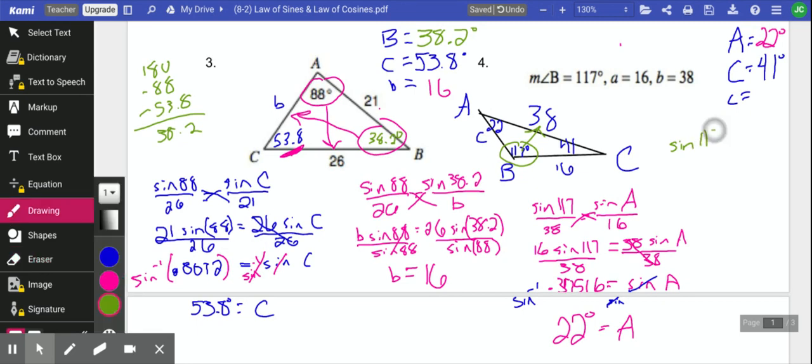Sine of 117 over 38 is equal to, and we're trying to find C, so 41 and C. Sine of 41 over C. We're going to cross multiply. So C sine of 117 equals 38 sine 41. And we're going to divide both sides by sine of 117.